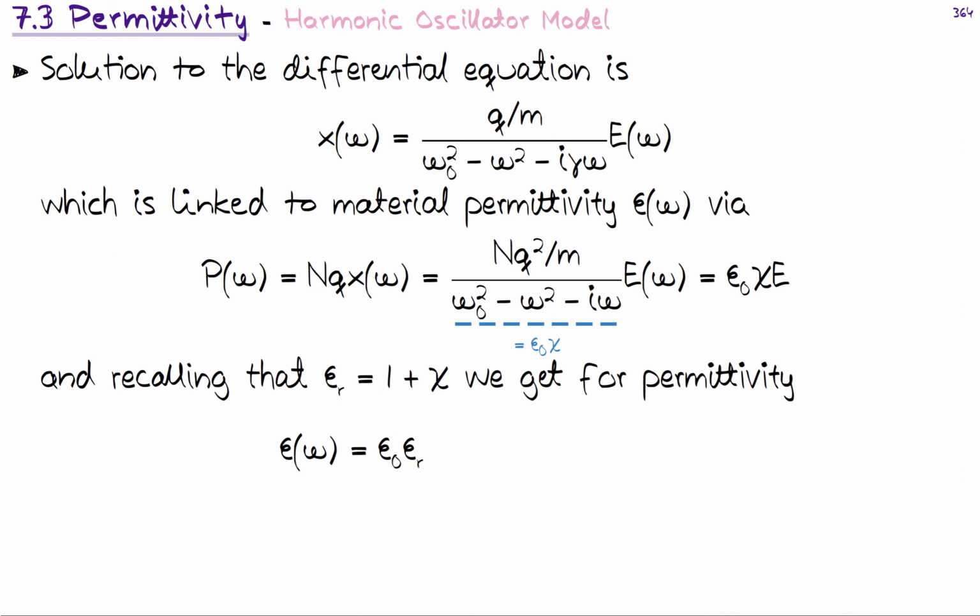We place this 1 plus chi here, and then the rest is history. So we have the form epsilon naught plus N q squared divided by the mass of our electron m, and divided by omega naught squared minus omega squared minus i gamma omega. So this is what we now have for the permittivity.